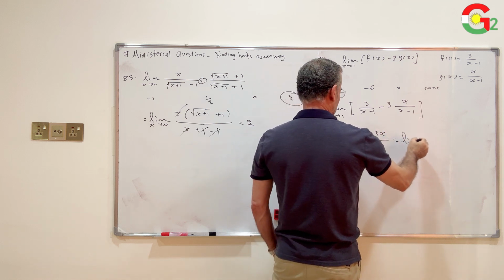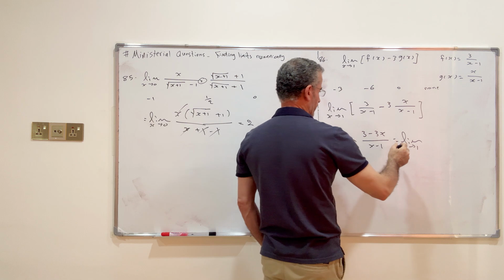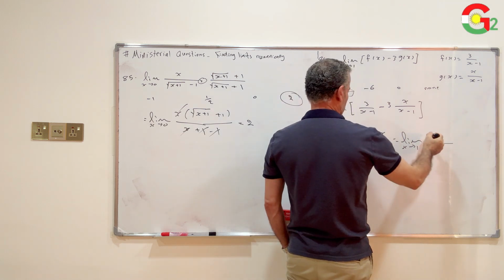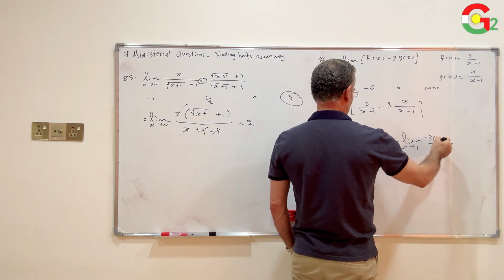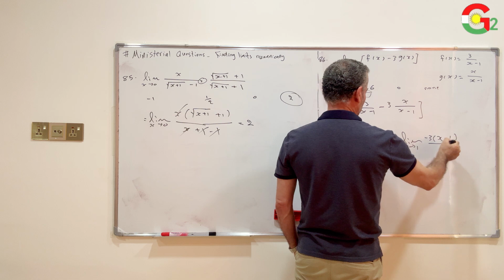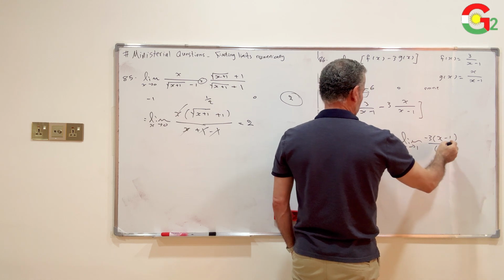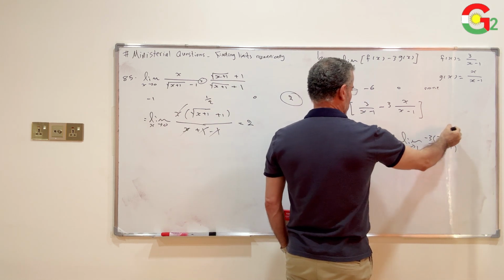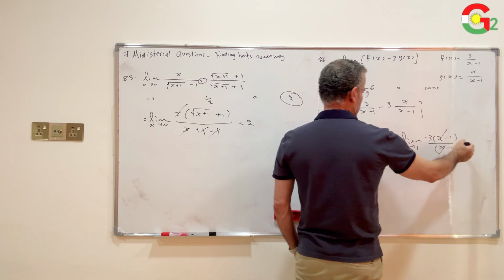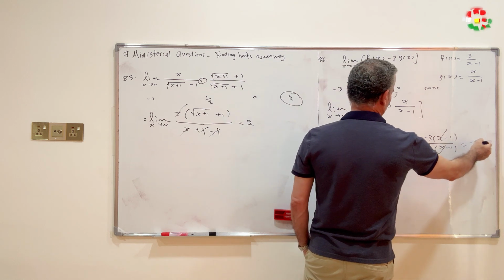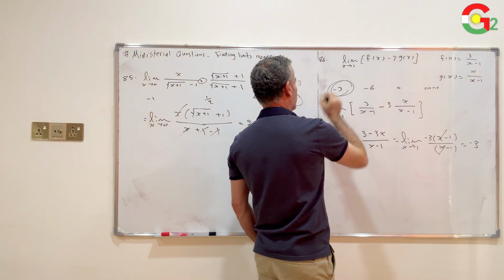Equal to limit as x approaches 1, factorize the numerator by negative 3, then it will be x minus 1 over x minus 1. Reduce x minus 1 with x minus 1, the result will be negative 3.